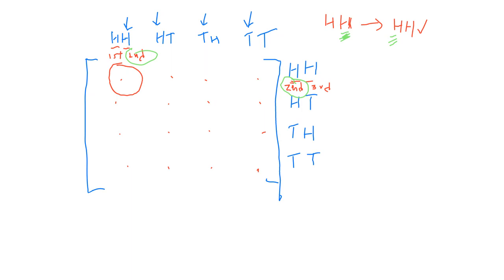Okay, so what probability are we going to put in that entry? Good, Haley. 0.5. There's a 50% chance.